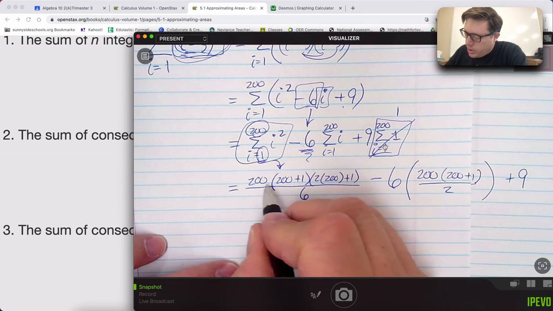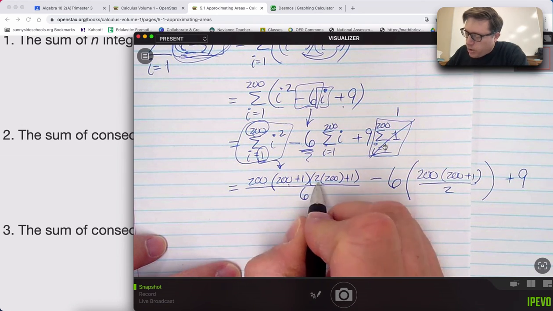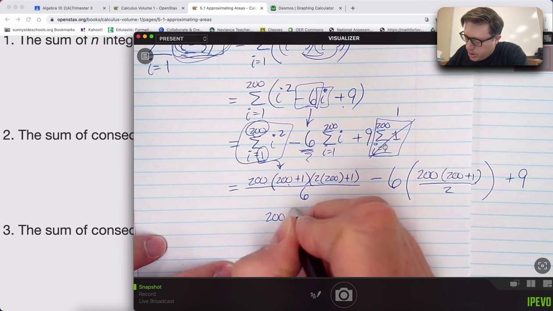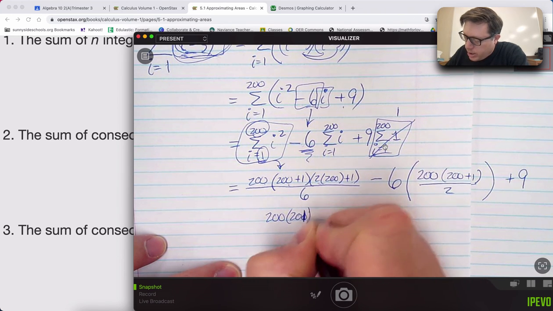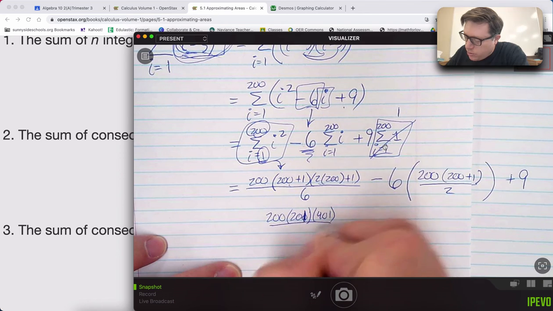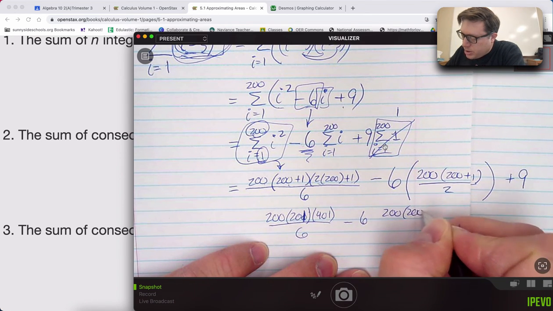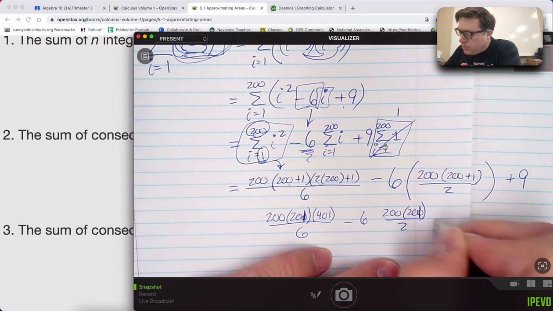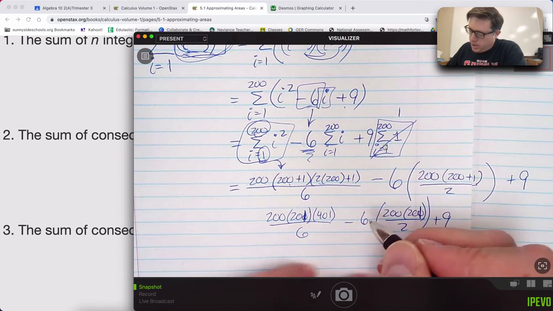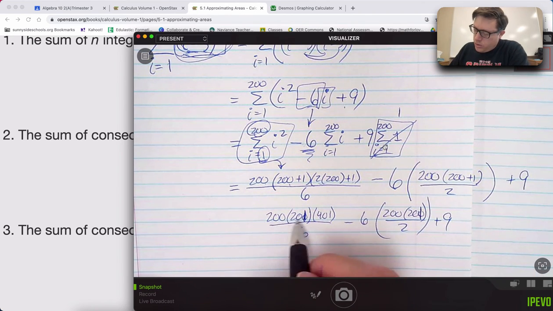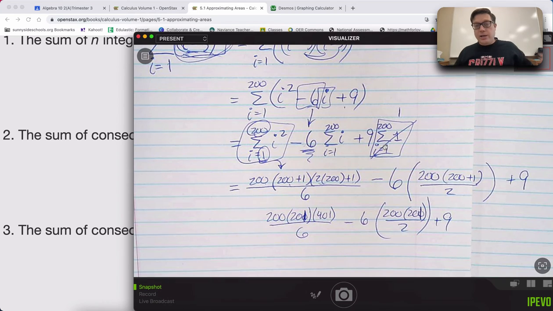Okay, so 200, 201, 401 over 6, minus 6 times 200 times 201 over 2, plus 9. And then I need to use a calculator for this. My brain in the moment is not going to be good.